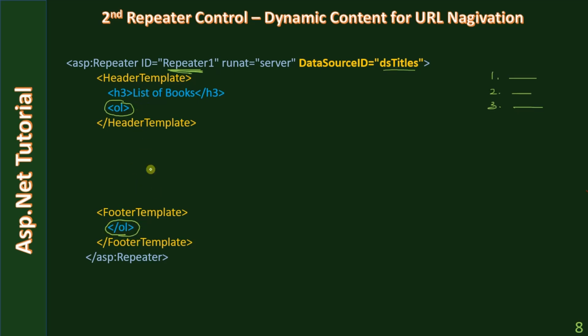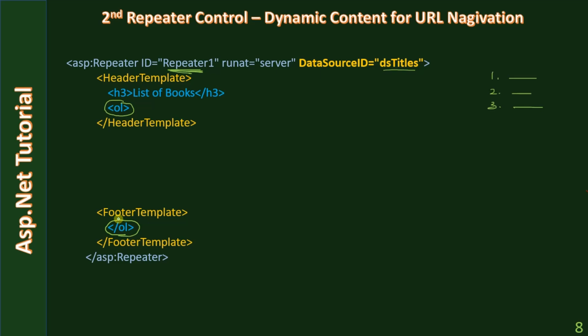So we already used a header and footer template. By this time you are aware of how it will get rendered by the repeater control. Header template will get rendered only once. Footer template also gets rendered only once.